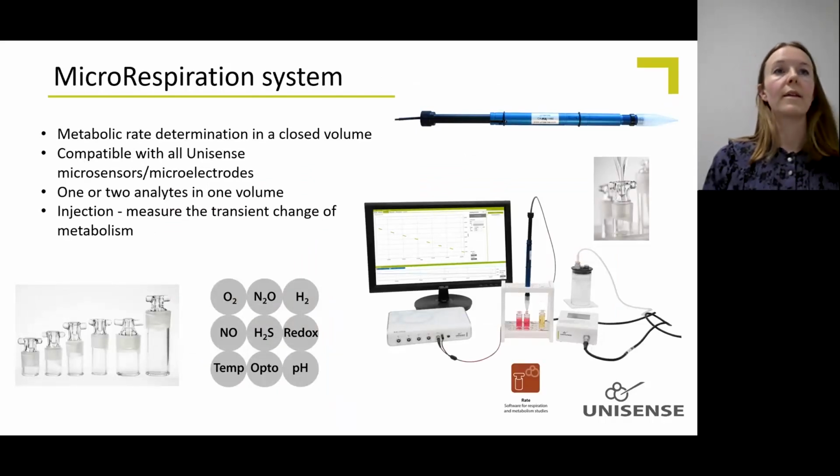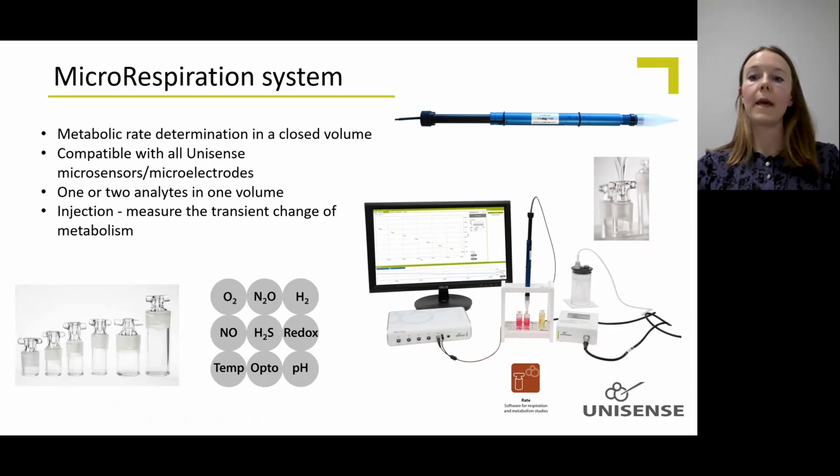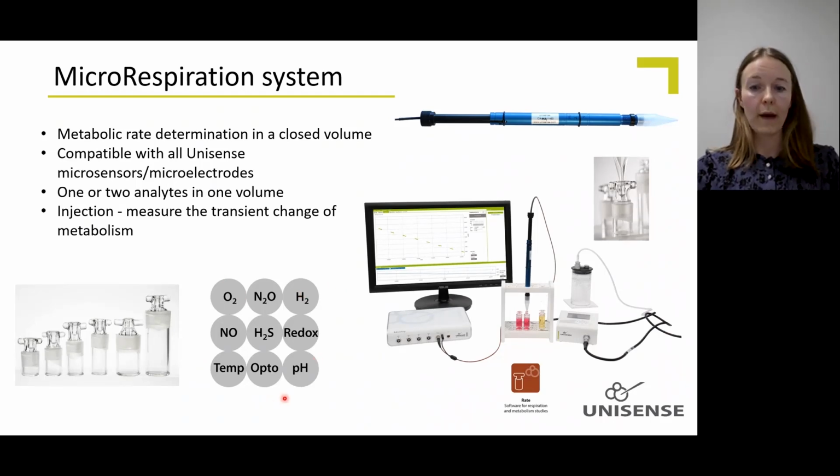Okay, the next system that I will introduce here is the microrespiration system, and it can be used to measure production and consumption rates in closed systems. This could be rates of microbial suspensions, cell cultures, algae, small animals, small eggs, and so on. The system is compatible with all the Unisense microsensors, and you can measure one or two analytes in your sample.